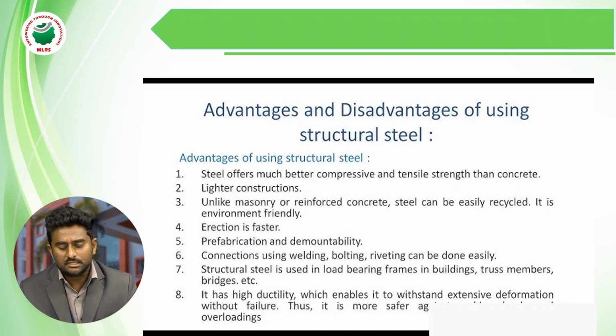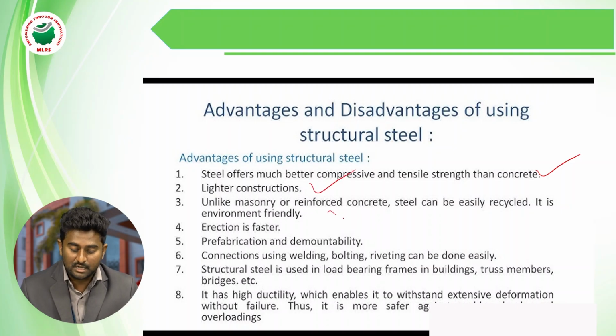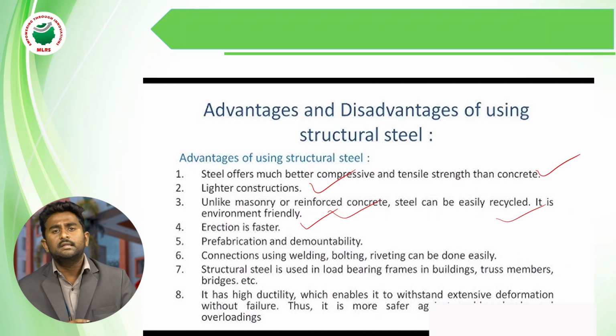Advantages of steel structures. First, steel offers much better compressive strength and tensile strength compared to RCC structures. Second, lighter constructions. Third, unlike masonry and reinforced concrete, steel can be easily recycled. Fourth, erection is faster, without contact with environmental moisture.